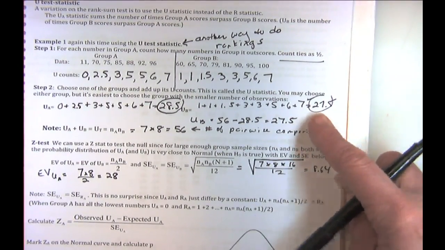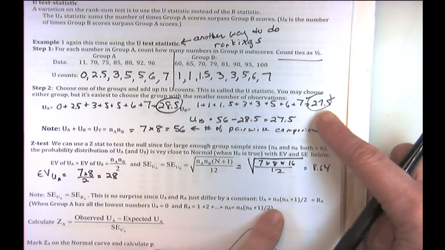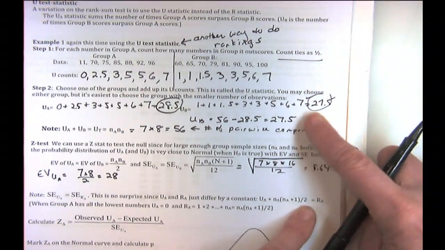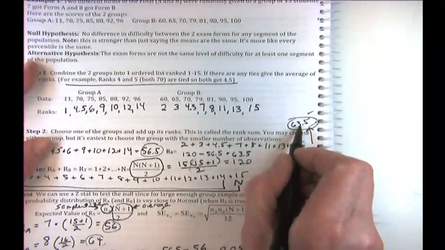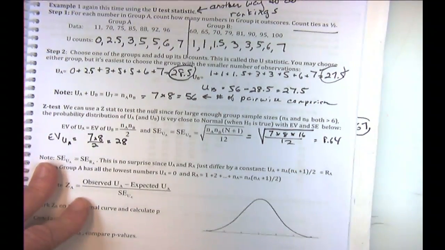So you'd have 8 times 9 over 2, which is 36. And if you add 36 to that, you should get 63.5. Yeah. So they differ by a constant. That's why they're going to have the same standard error.